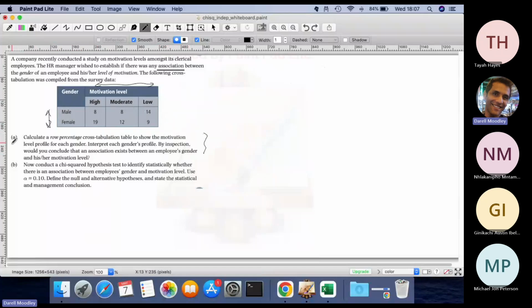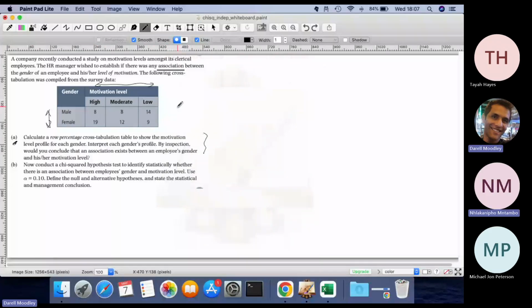So question A says calculate the row percentage cross tabulation table and show the motivation level of each gender. Looking at these numbers itself isn't an accurate reflection of comparing like with like.